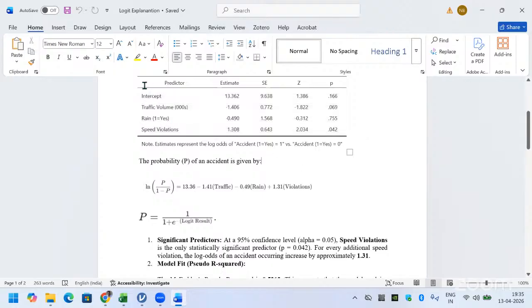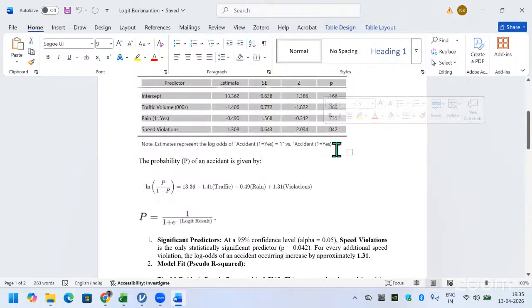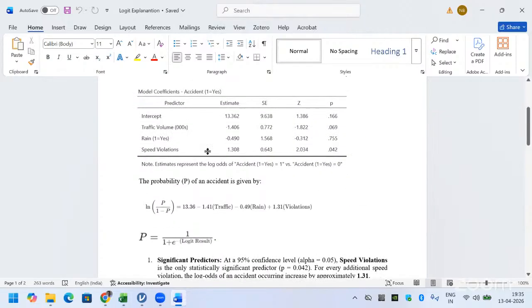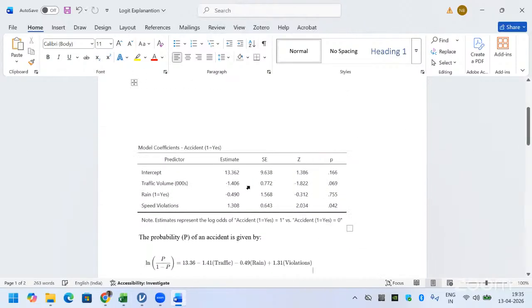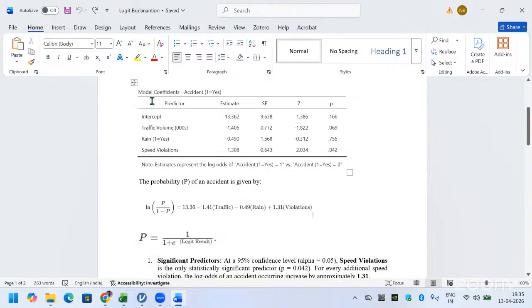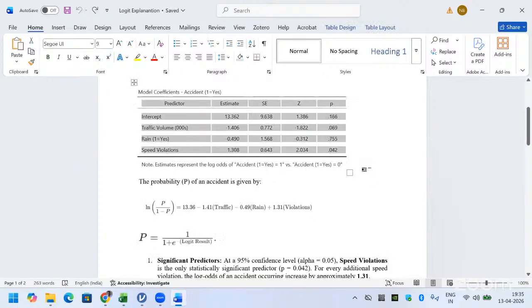Out of all these variables, which are significant in this model fit? Which variables are impacting my accident? Is intercept impacting, or traffic, or rain, or speed violations?